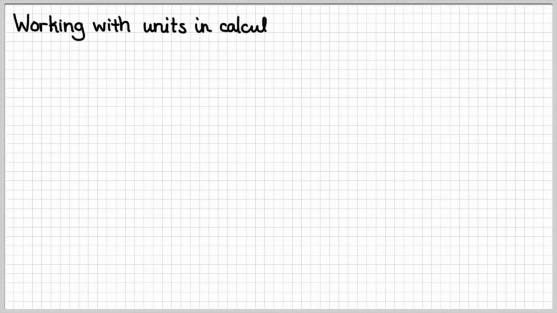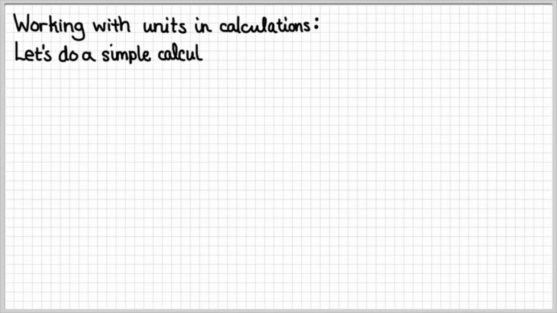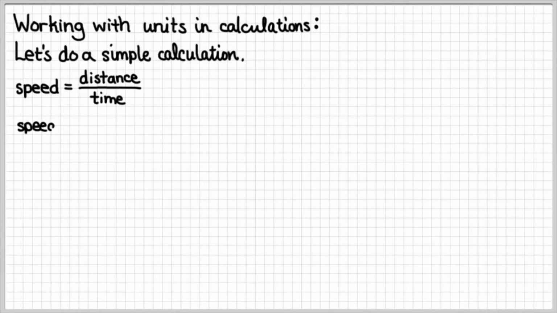When doing calculations in this class, you'll want to maintain your units within your work. So let's do a simple calculation to show why this is useful. We all know that average speed is equal to distance over time. If we traveled 60 meters in 2.2 seconds, we can calculate a speed of 2.7 meters per second. Meters per second is just like kilometers an hour or miles per hour. That combination of units indicates a measure of speed.